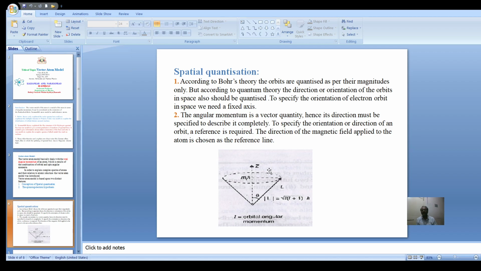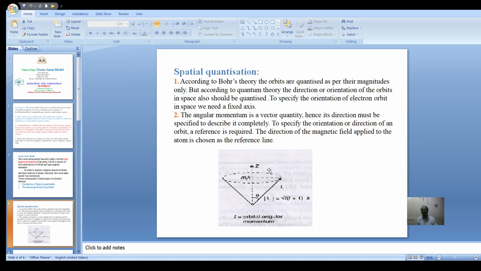That is, L equal to n into h upon 2 pi, where n is principal quantum number or total quantum number, having values 1, 2, 3. If n equal to 1, then we get the orbital angular momentum for first orbit. If we take n equal to 2, then it is for second orbit, and so on.